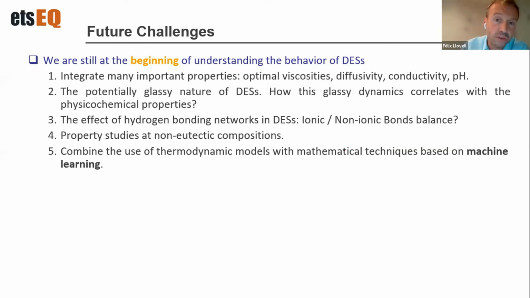And here I think that molecular dynamics can play a very important role. The effect of hydrogen bonding. We need to identify this ionic, non-ionic bonds balance and understand that not all hydrogen bonds are equal.